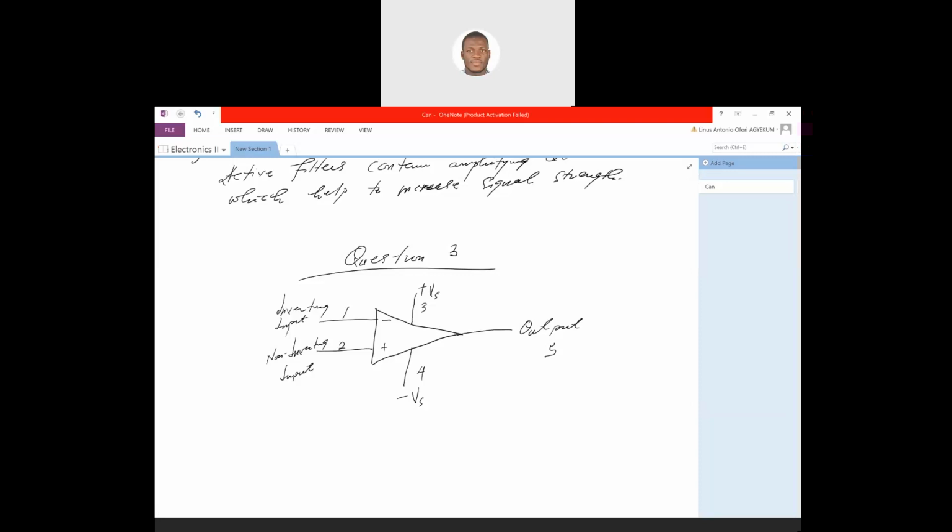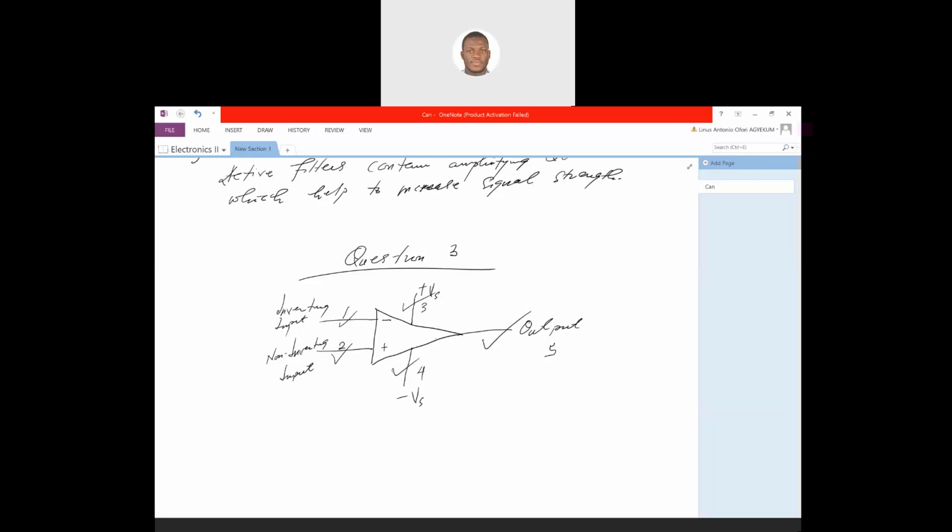So an op-amp needs a minimum of 5 connections, as I have drawn here: the 2 inputs and the output, and then there are 2 power supply connections. That gives it the minimum of 5 connections, okay?